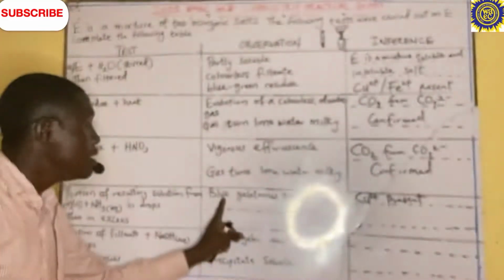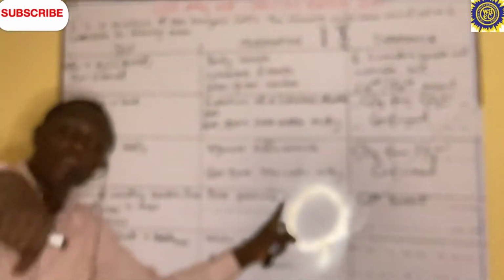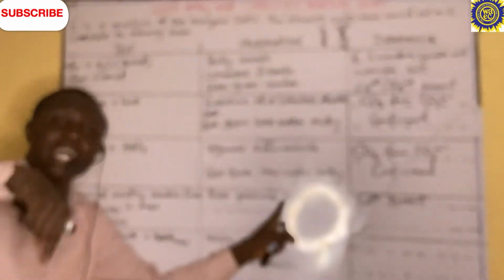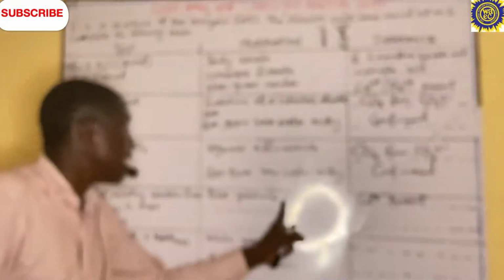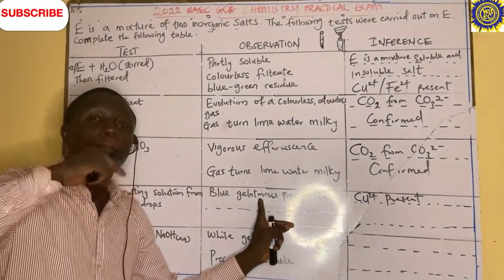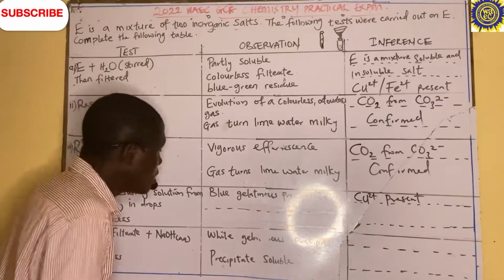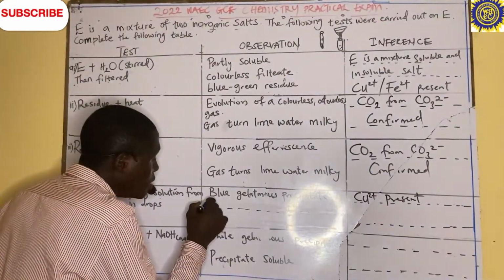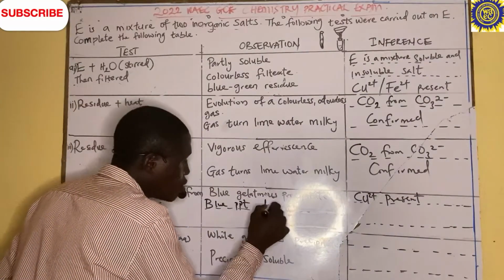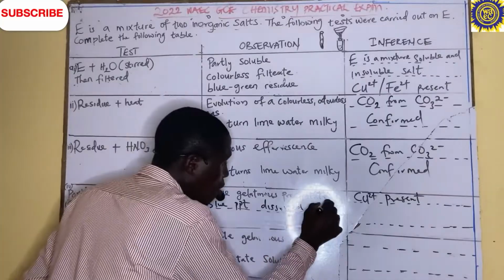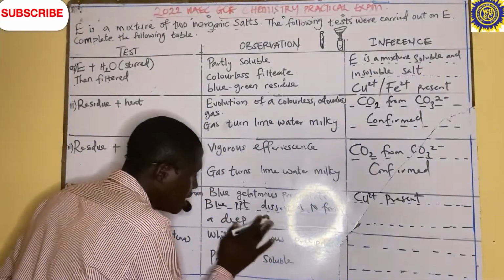Meaning that this blue gelatinous precipitate, when you add more aqueous ammonia into that solution, becomes a deep blue solution. So the blue PPT dissolved to form a deep blue solution.